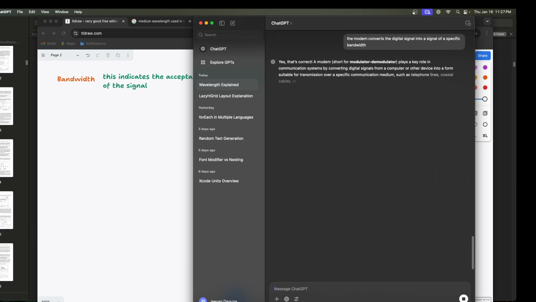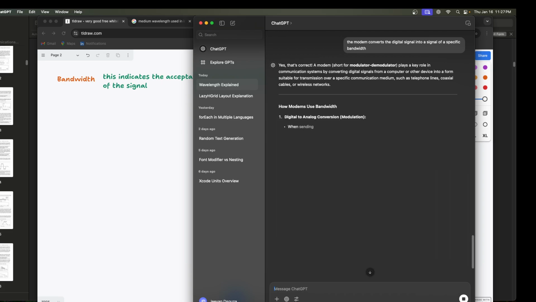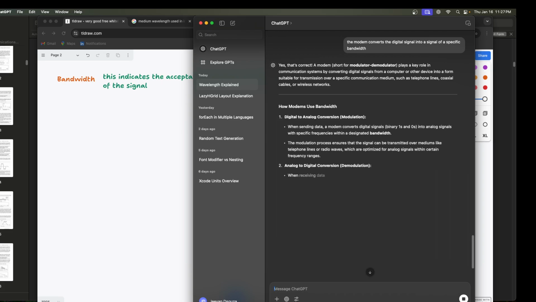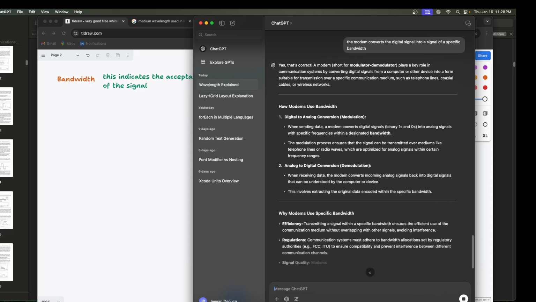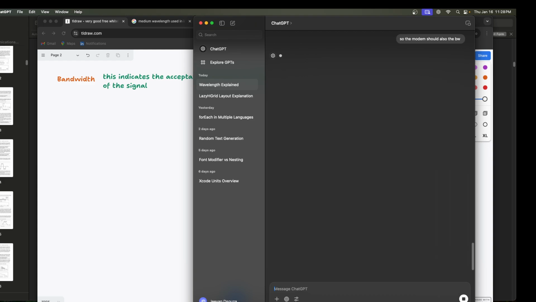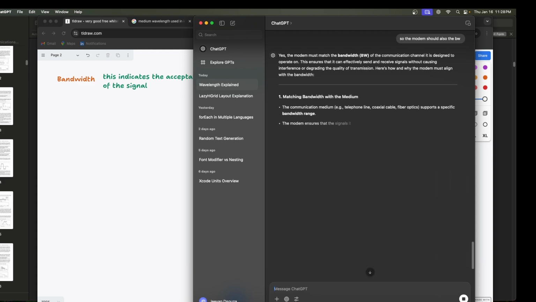The modem, demodulator. So the modem should also know the bandwidth. It should know, right? It must match the bandwidth of the communication channel it is designed to operate on.